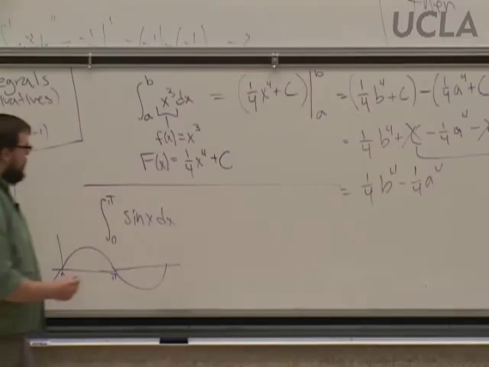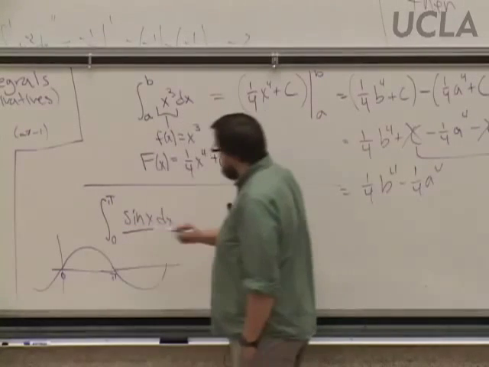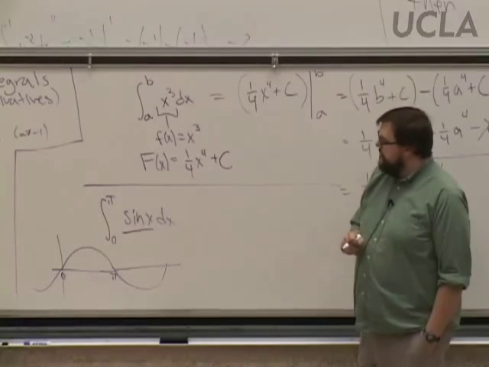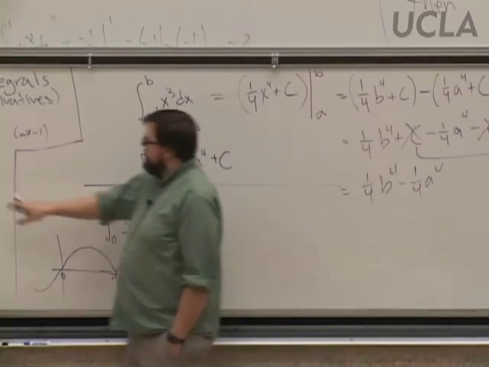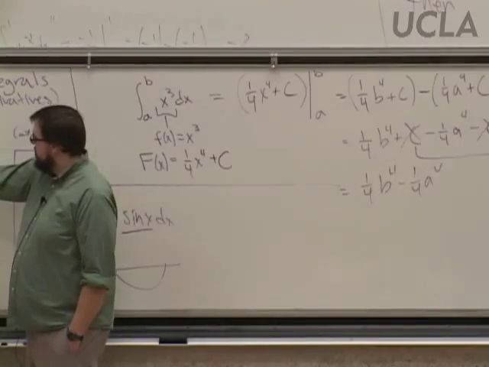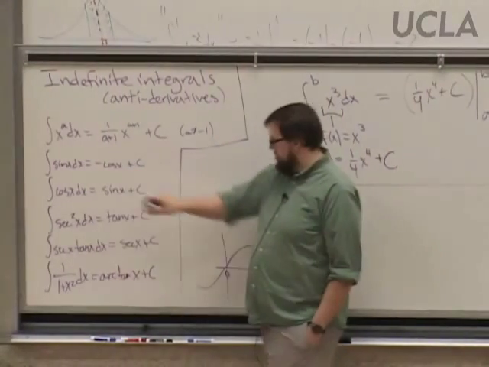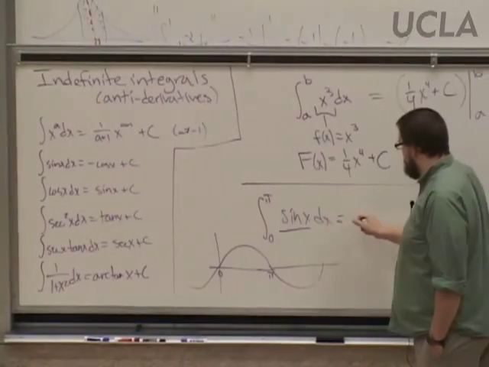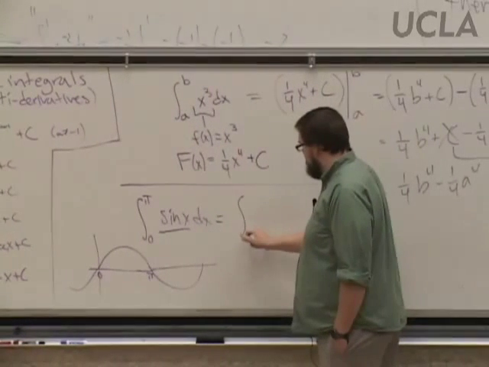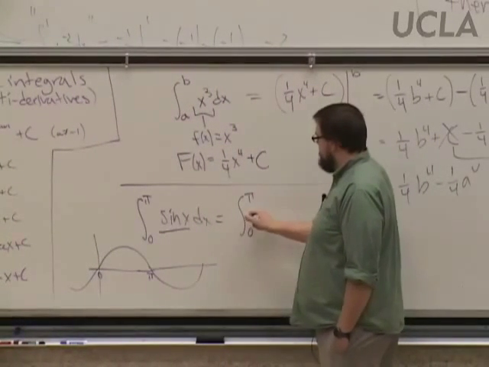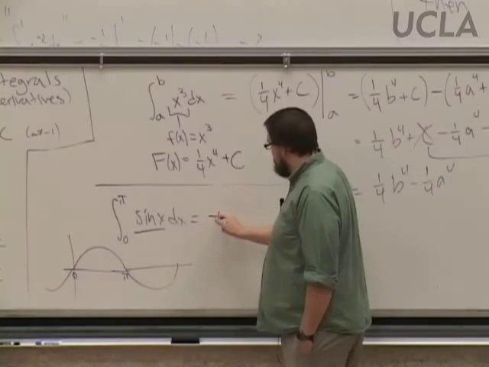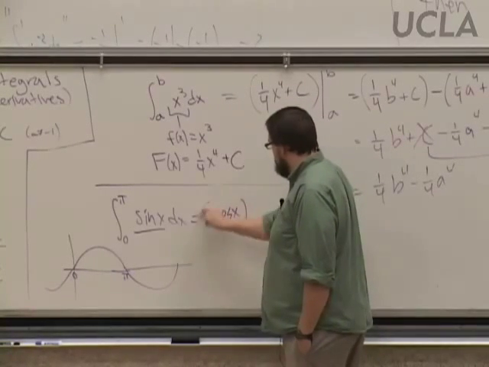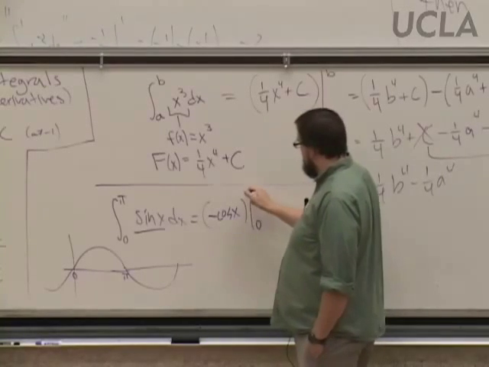What I need is an antiderivative of sine. Do we know an antiderivative of sine? An antiderivative of sine is negative cosine. It's important to get the signs right, otherwise you'll be off by a negative sign. So it's negative cosine x evaluated from 0 to pi.